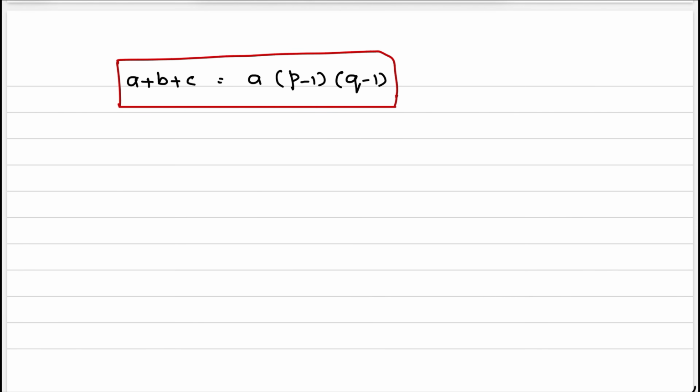Here, the roots are given as prime. Here P and Q are prime. That is the condition given in the set. Now, what are the prime numbers? 2, 3, 5, 7, 11, 13 and so on.